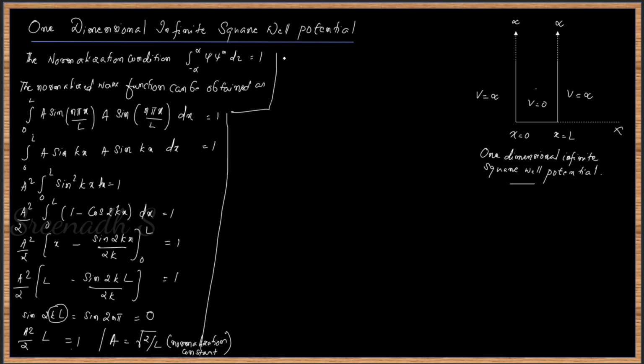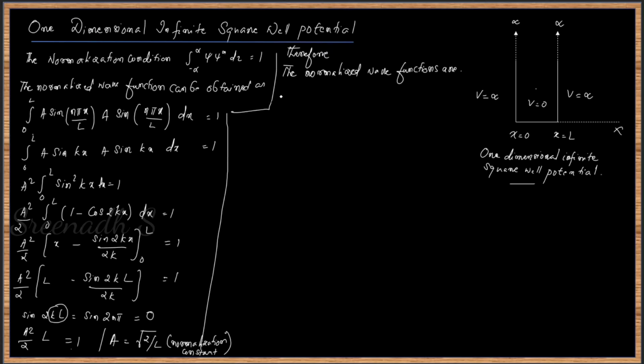So therefore the normalized wave functions are, depending on the value of n, we have psi 1, psi 2, psi 3, like that.